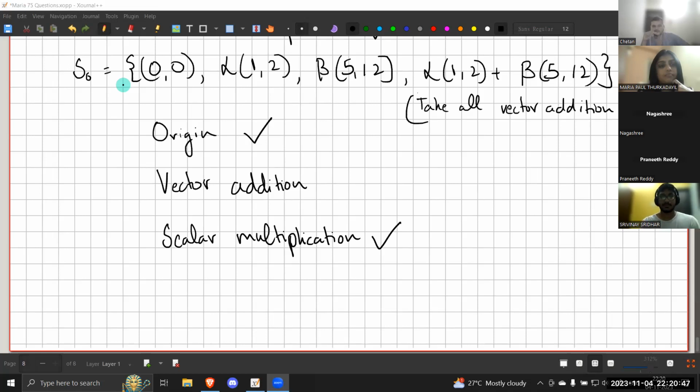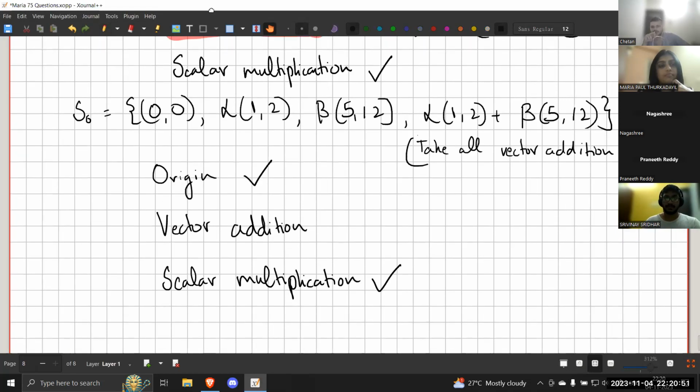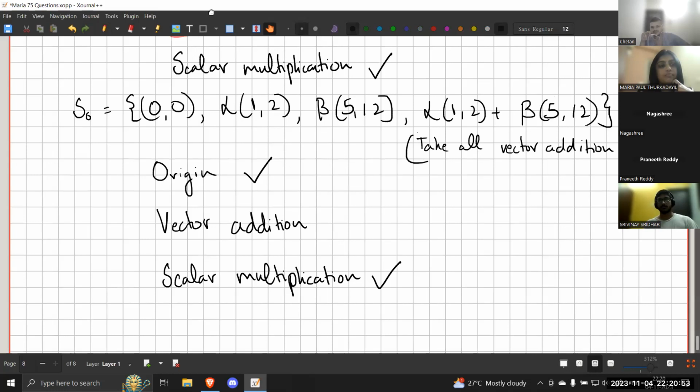If I only put beta equal to 0, it gives me alpha times (1, 2). If I only put alpha equal to 0, it gives me beta times (5, 12). And if I take any point from those two lines, alpha times (1, 2) and beta times (5, 12), and add those two, I can get all those points by just addition.